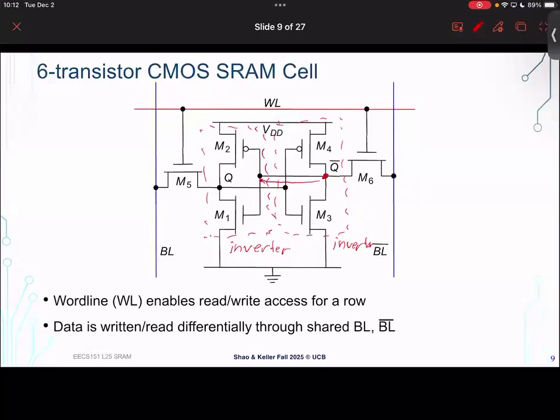And then you'll notice that we've wired up all of the inputs of the cell. In particular, those enable pins on M5 and M6, which are sometimes called the access transistors for reasons that will shortly become very clear.